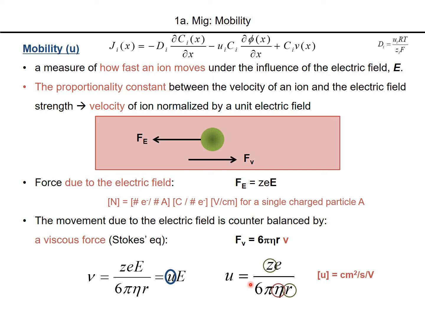And mobility is the characteristic of a single charge carrier. The unit is centimeter squared per second per volt. That is the mobility. And the mobility is the most basic characteristic of an electrolyte. This is the starting point.